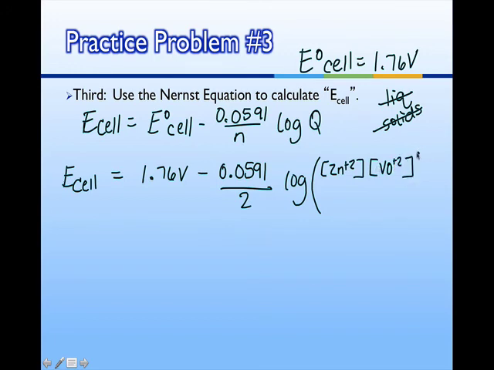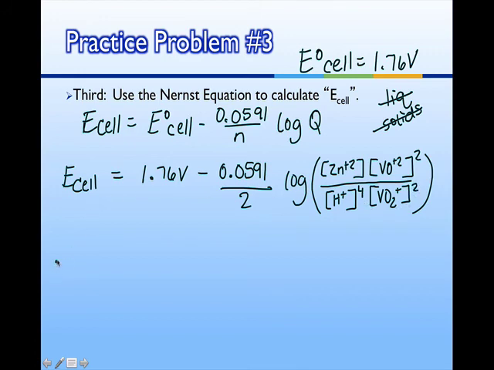There was a 2 in front of that in the overall balanced reaction, so that's squared. On the bottom are your reactants, and there are also only 2 ions on the reactant side. There were hydrogen ions, and there were 4 of them, so I need to put that to the 4th power. And then the other one is the VO2 with the plus charge, and there was a 2 in front of that one, so I need to put a 2 here.